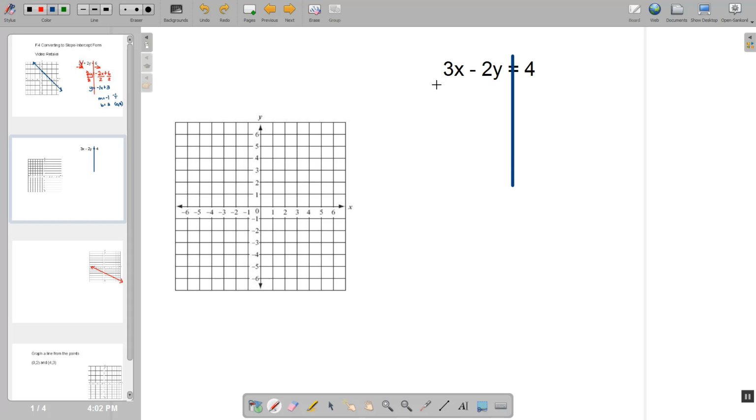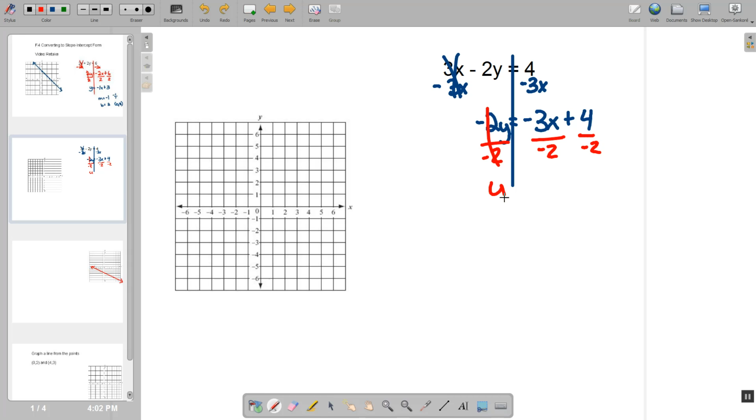For the first one, we draw our line down there, equal sign. I want to subtract 3x from both sides. So I get negative 2y is equal to negative 3x plus 4. Now, to get y by itself, I divide every term by negative 2.